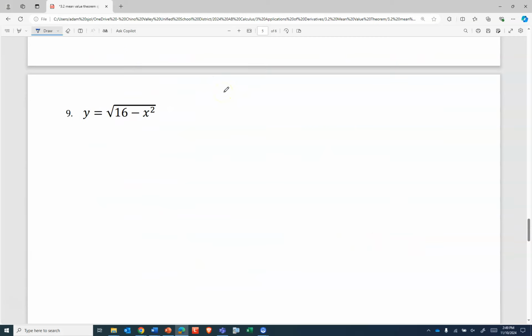Ooh, a semicircle. I know pretty early some people are going to think, oh, I don't have to do anything because no closed interval is given. But no closed interval is given explicitly. If you know this is a semicircle centered at 0, 0, and you can kind of tell: if I put in x equals 0, we get 4. If we put in x equals 4, we get 0. x equals negative 4 spits out 0.